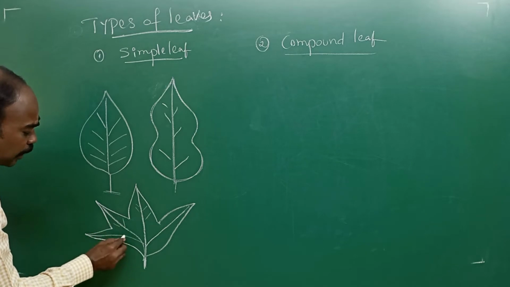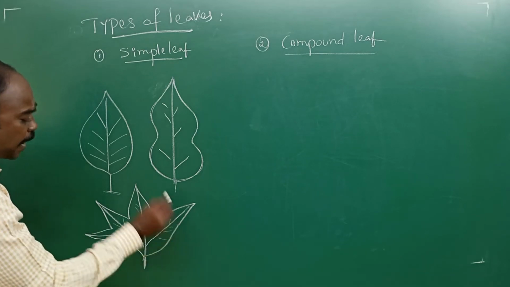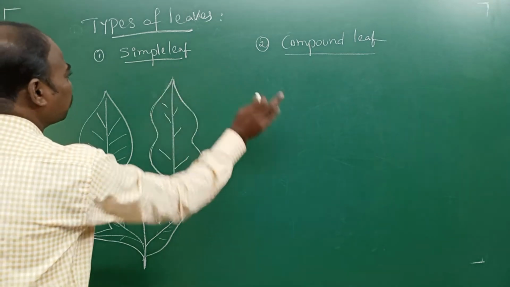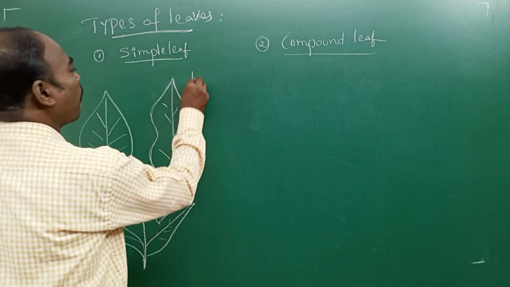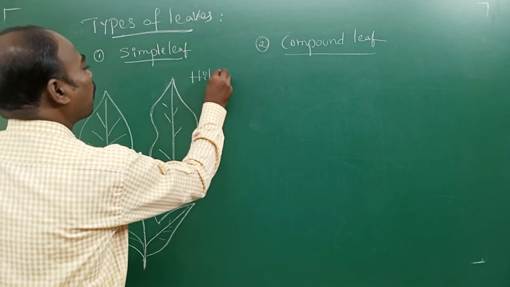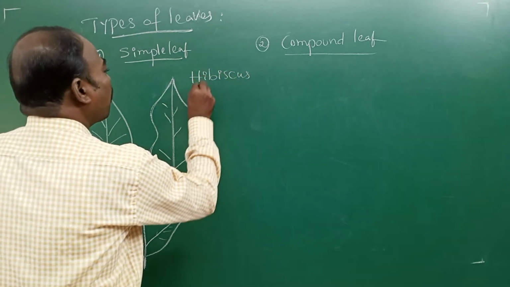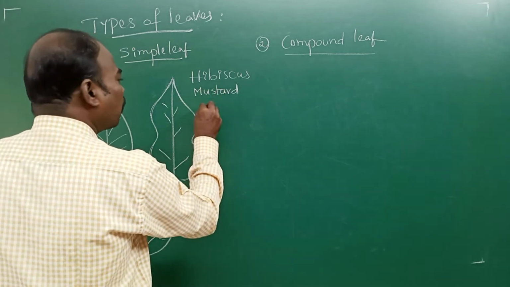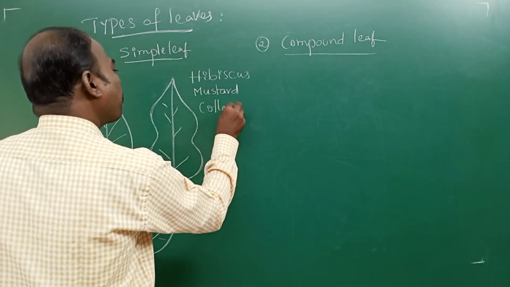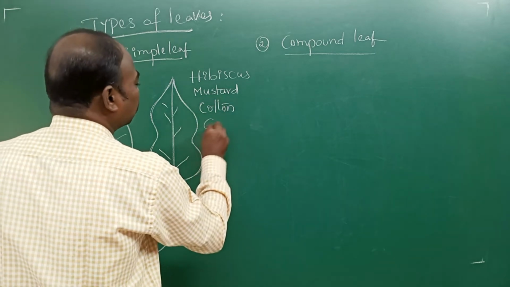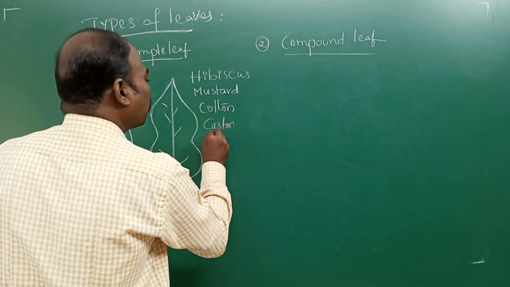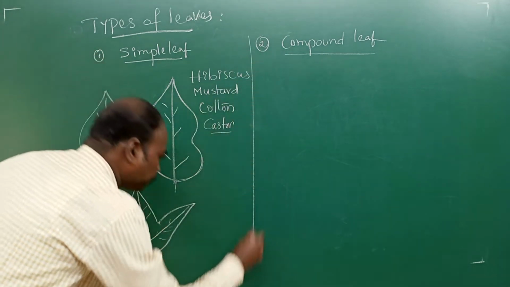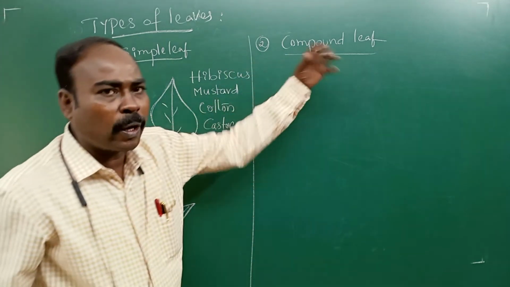Such leaves are said to be simple leaves. Examples: hibiscus, mustard, cotton, castor, sunflower, etc.